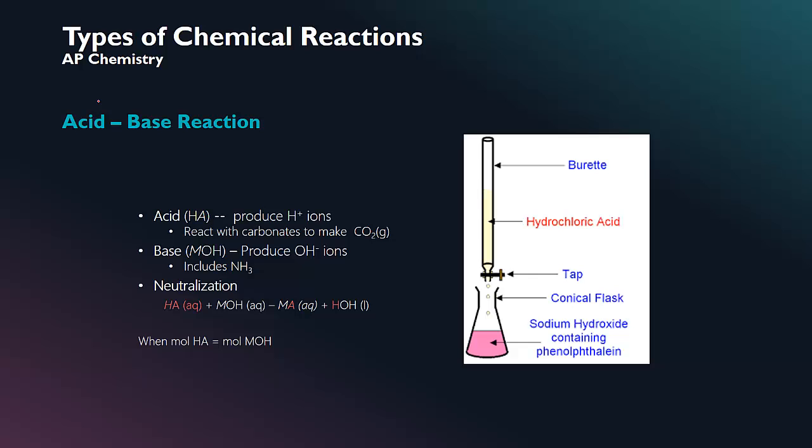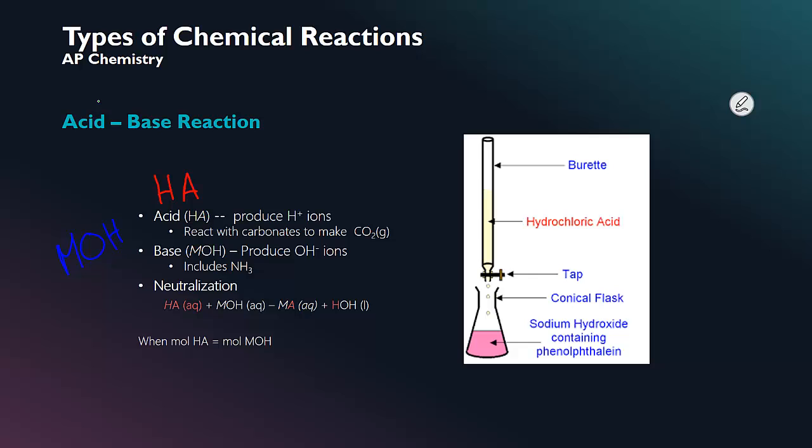The second type of reaction in AP chemistry are known as acid-base reactions. When an acid, which I will simplify as the formula hydrogen and some anion, reacts with a base, which would be some cation and a hydroxide ion, they neutralize one another.